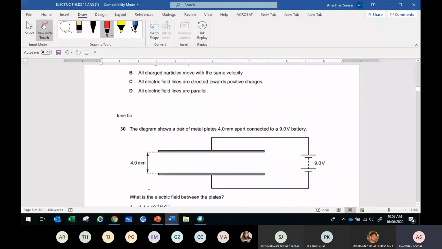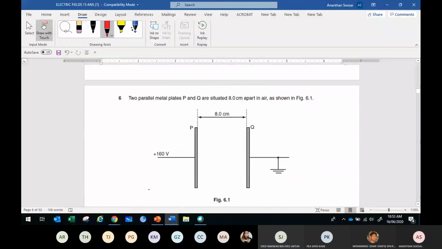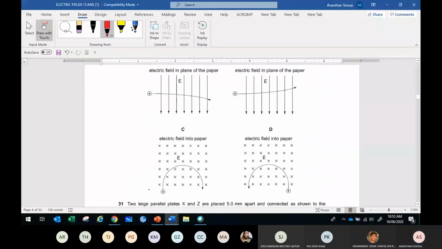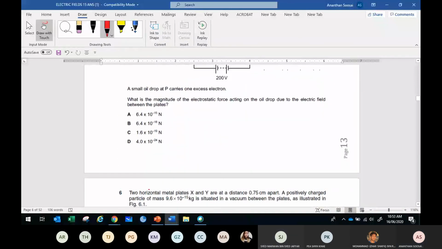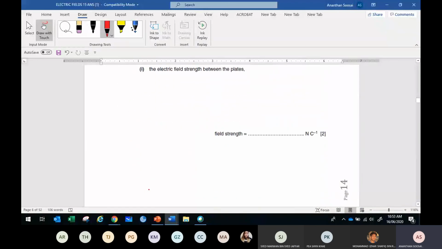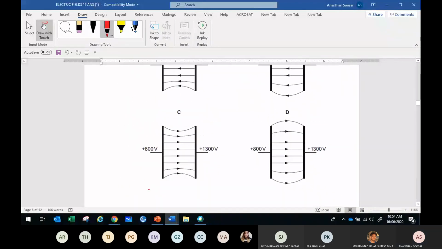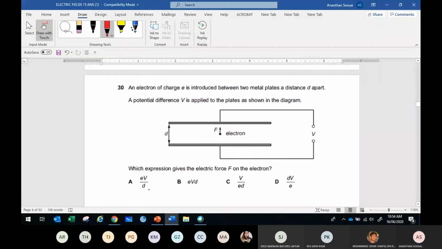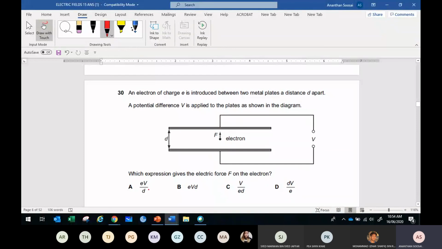Okay, let's move on. Selecting some. This one is not a typical one. Okay, this one, question 30, page 16.